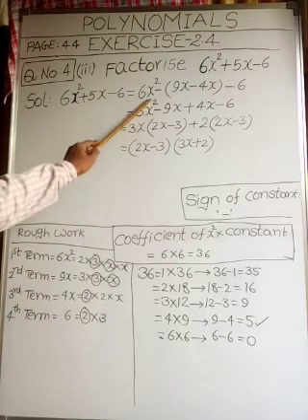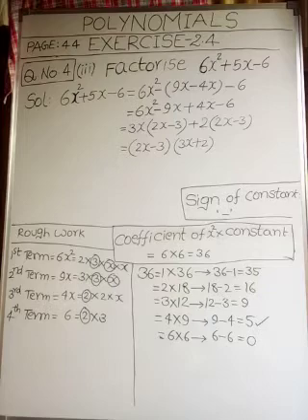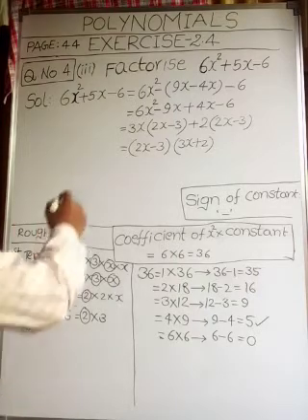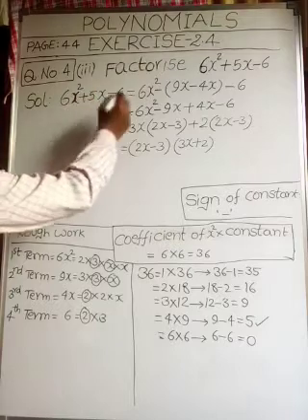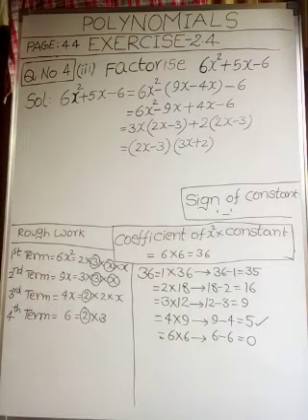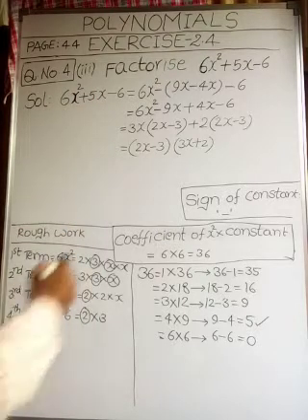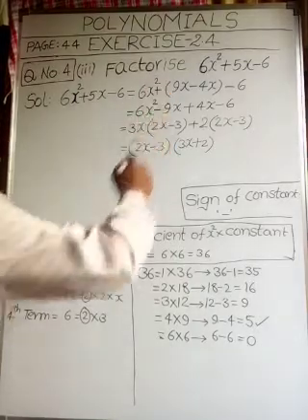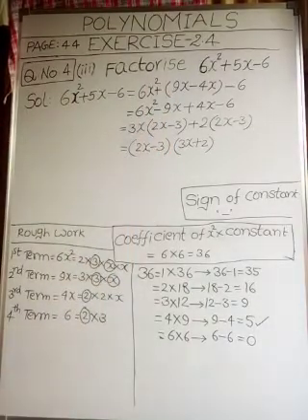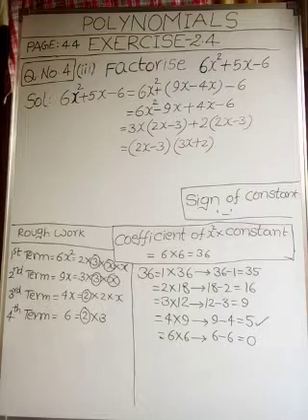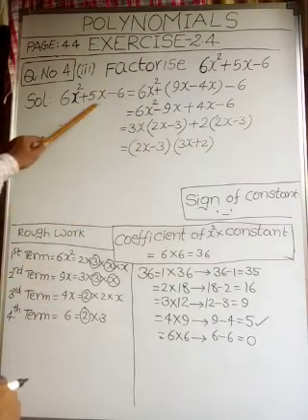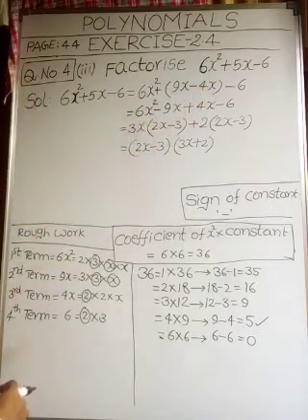So 6x square plus 9x minus 4x minus 6, since 5x means 9x minus 4x.